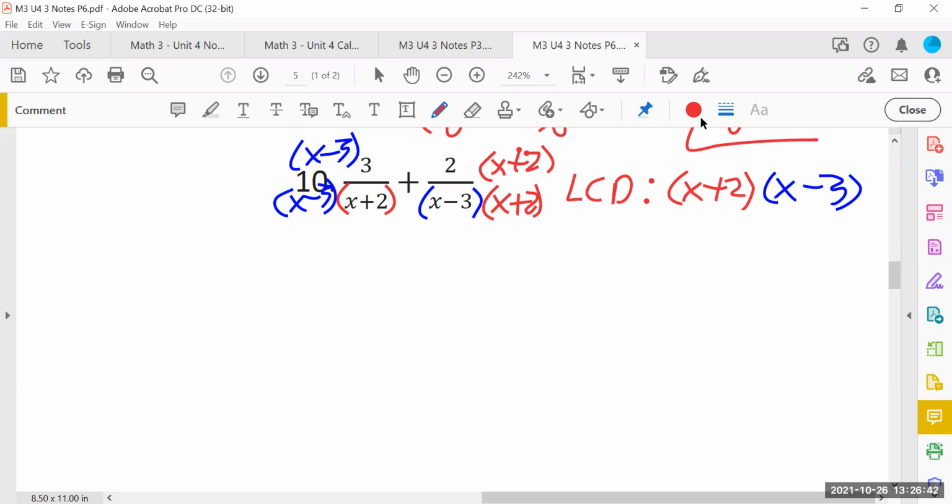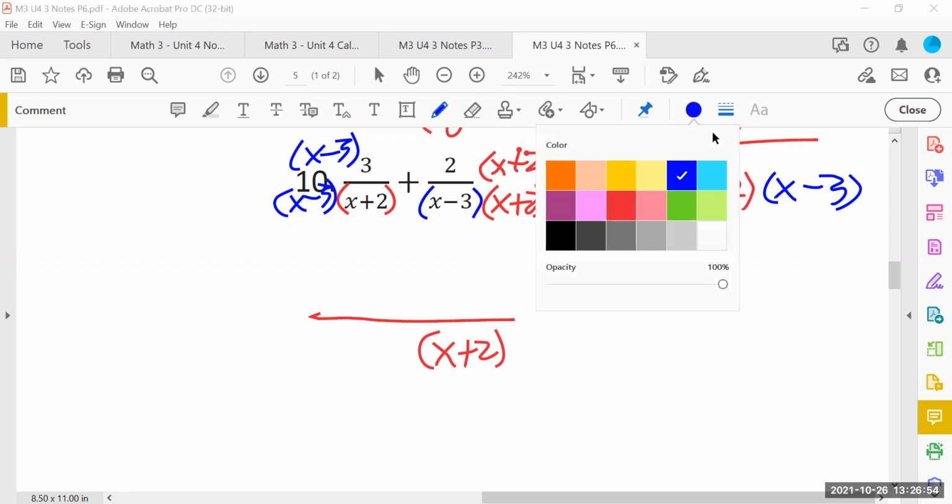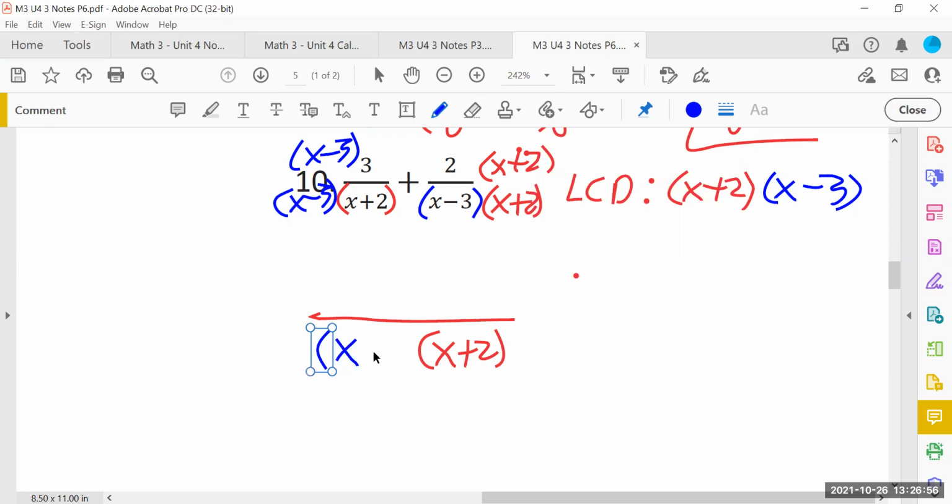That way, I end up with a common denominator on the bottom of x plus 2 times x minus 3, in the same order. That's what I have on both denominators. So that's what's going to be on the bottom of my answer so far.